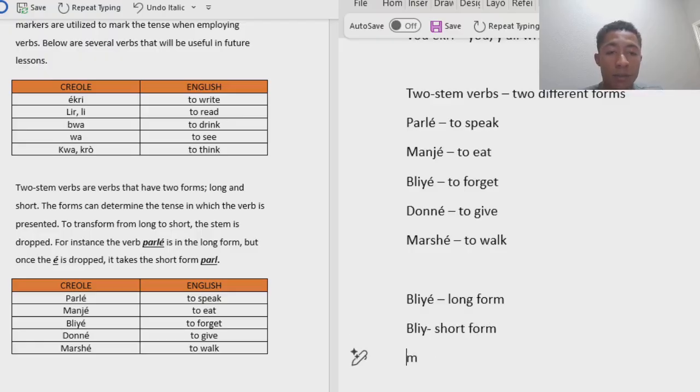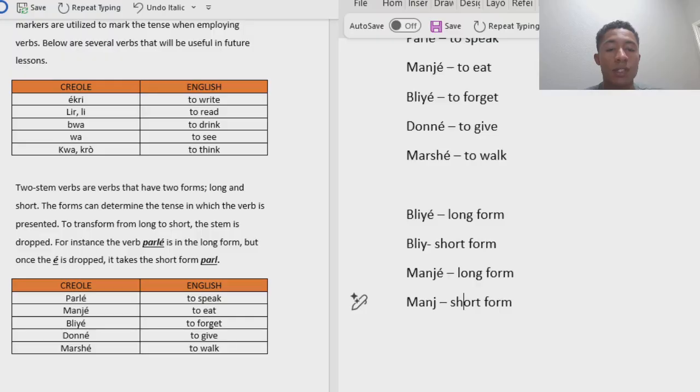If you take manger, you have that long form. And then you take mange, which is the short form. And what you see with this is that the accent aigu, or this e with the little accent marker, is dropping.